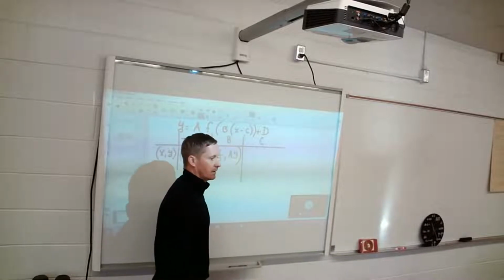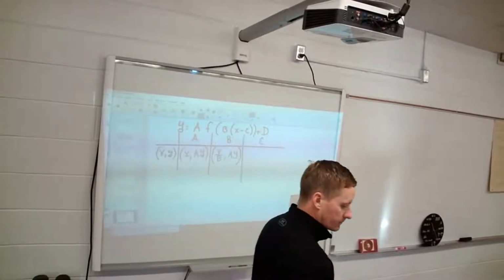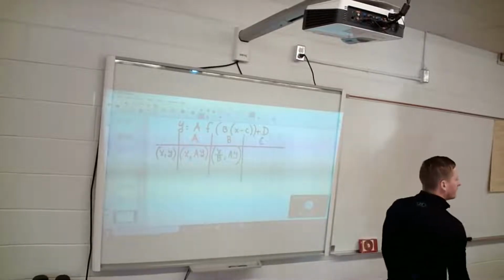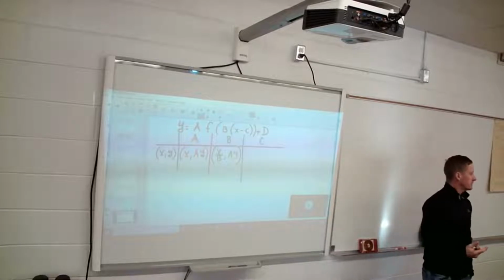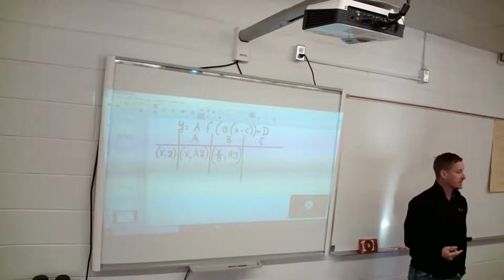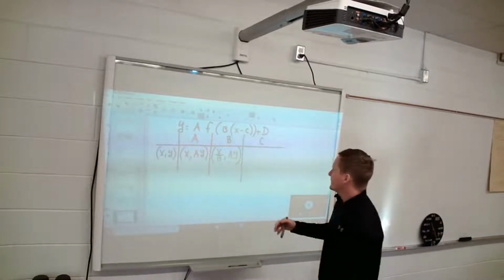C now. So what did C do to the graph? What did it change? Phase. My phase shift, which adjusted which values? My X, because I moved everything left or right. Agreed? So what happens here?